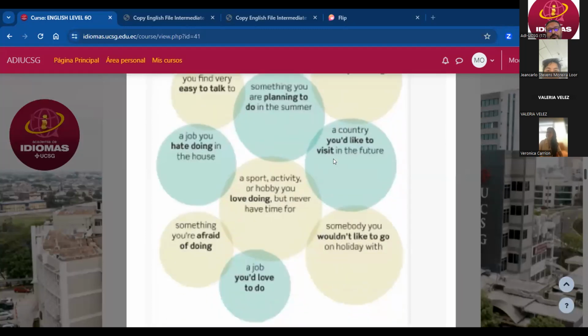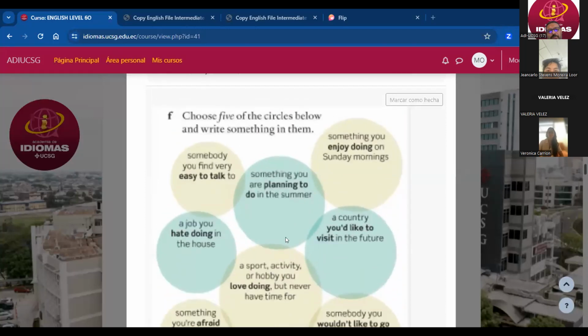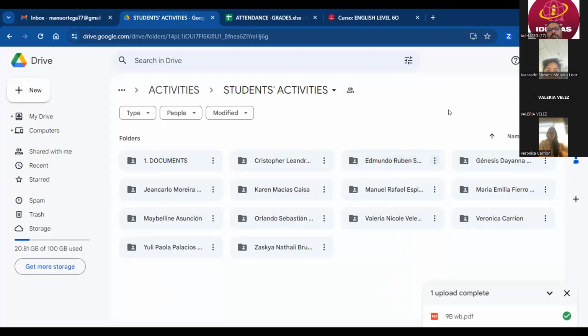Here you have all these options. You have to select 5, and for each one of them, 2 lines. The 2 lines do not include the heading, just in case. This activity is going to be in the Drive folder that you created at the very beginning of our class.